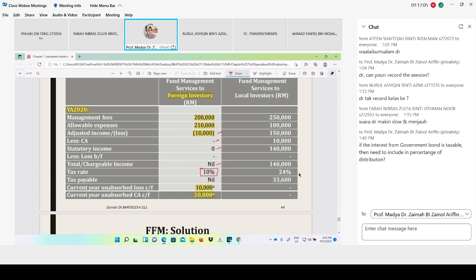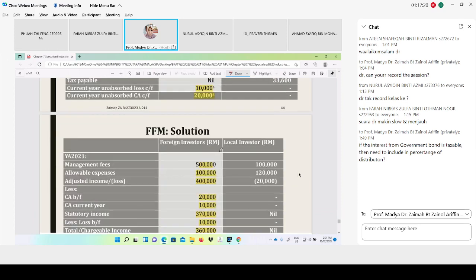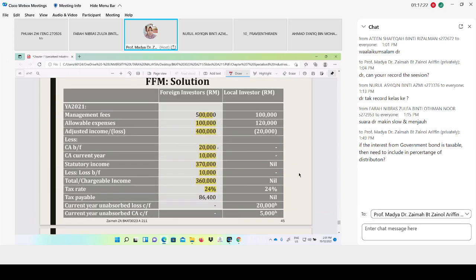The tax rate now is 10%. Right? 10% for year of assessment 2020. This is a special provision for foreign investor. Remember this one. But in year of assessment 2021, it goes back to 24%.